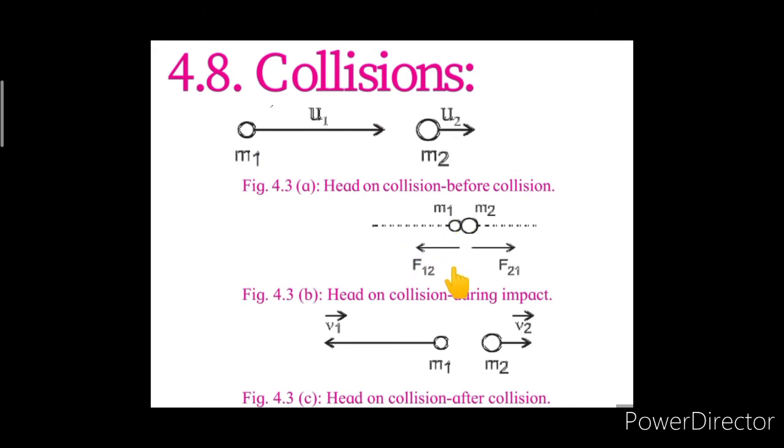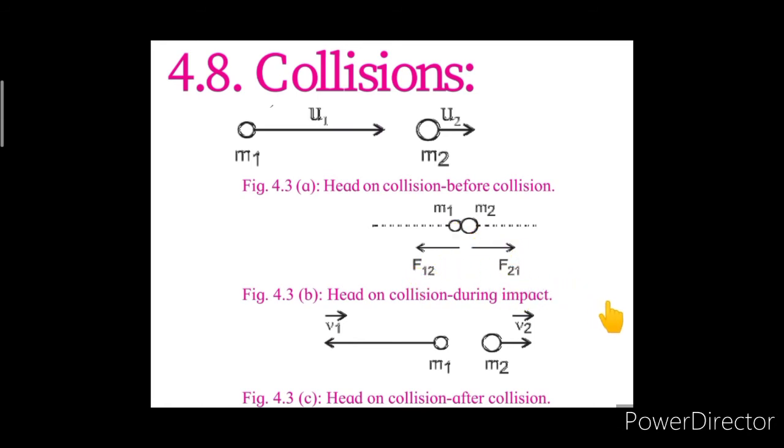F12 is the force exerted by the body of mass m2 on the body of mass m1, and F21 represents the force exerted on the body of mass m2 by the body of mass m1. So for the interval of time t, both bodies exert force on each other.